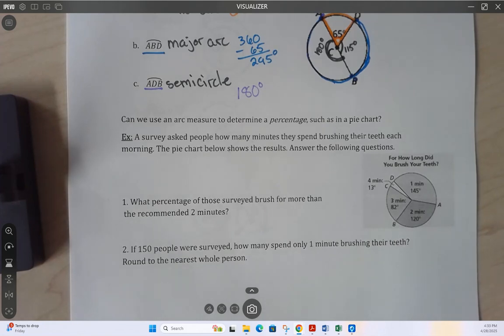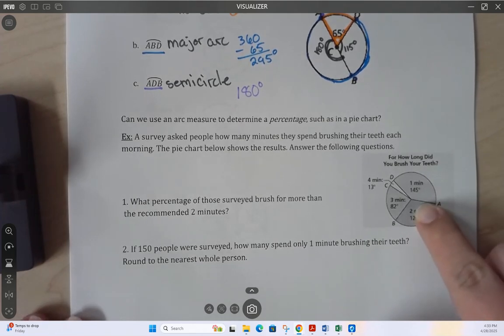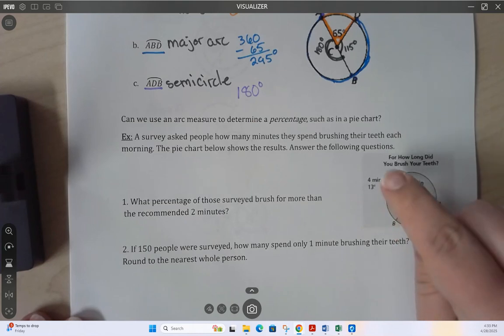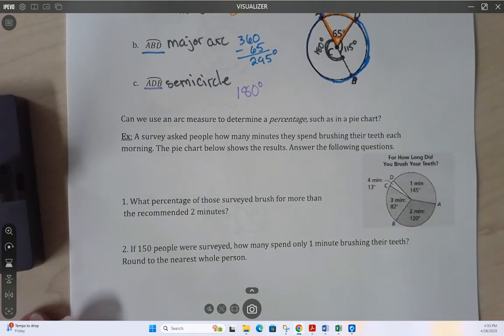More than means we're not including those that only brush 2 minutes. We're looking at the 3 minutes plus the 4 minutes. So to calculate this, we need to add those degree measures.